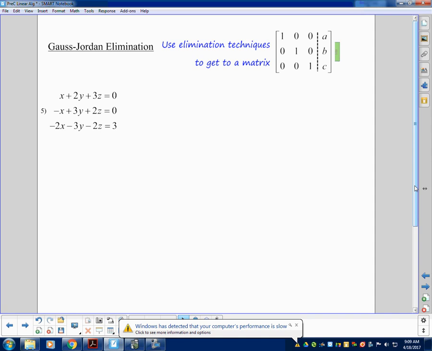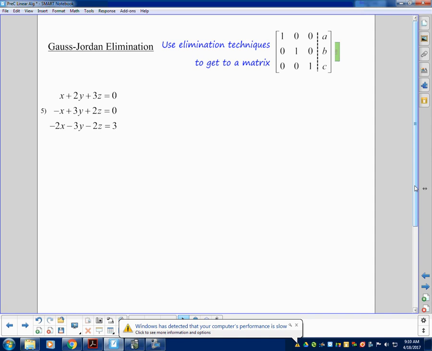I'll show you an example here, let you try it. But the big picture is, can you solve a 3x3 system of equations using matrix algebra is what we're getting at. And the point of this is that we would use Gauss-Jordan elimination if for some reason we did not get a unique solution using A inverse B.